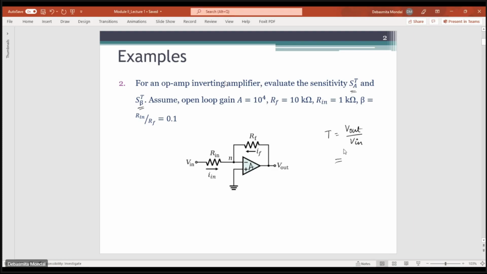Can you give me the expression for V out by V in? Someone said no, that you have already solved.